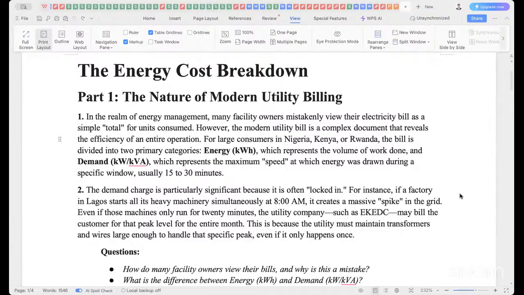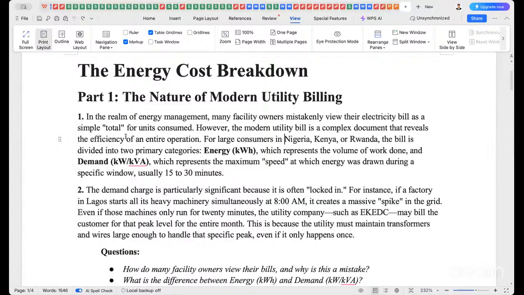So to start with, we want to start with the first part, which is the modern utility billing. We are used to receiving energy bills, meters, especially on this side of where we stay.